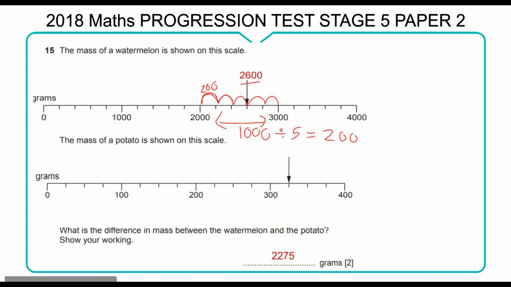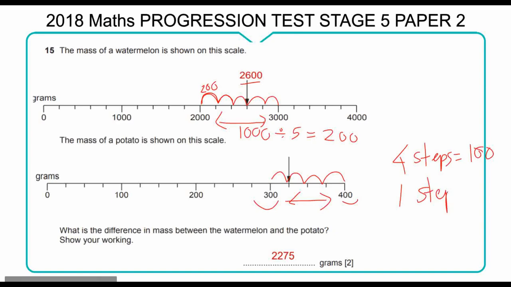The same for this one, potato, 300 to 400, we have 1, 2, 3, 4 steps. 4 steps. And the interval from 300 to 400 is 100. So 1 step equals 100 divided by 4, which equals 25.